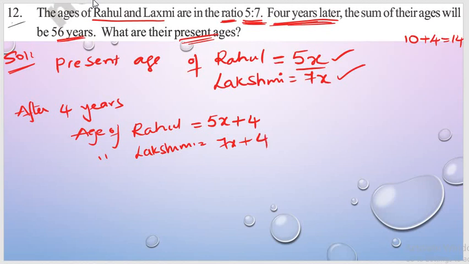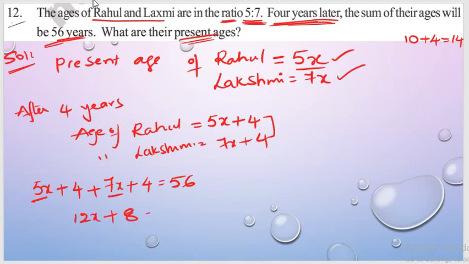Now what he has given: their ages after 4 years, if their sum is considered, will be equal to 56. That means on adding these values, 5x plus 4 plus 7x plus 4 is equal to 56. So 5x plus 7x is 12x, and 4 plus 4 is 8, so 12x plus 8 gives you 56.